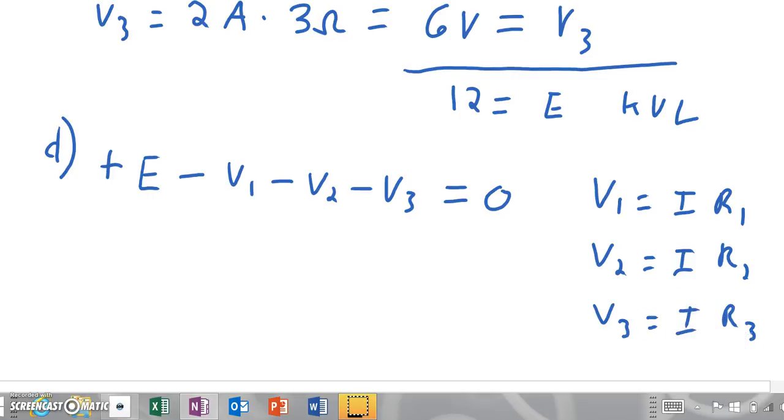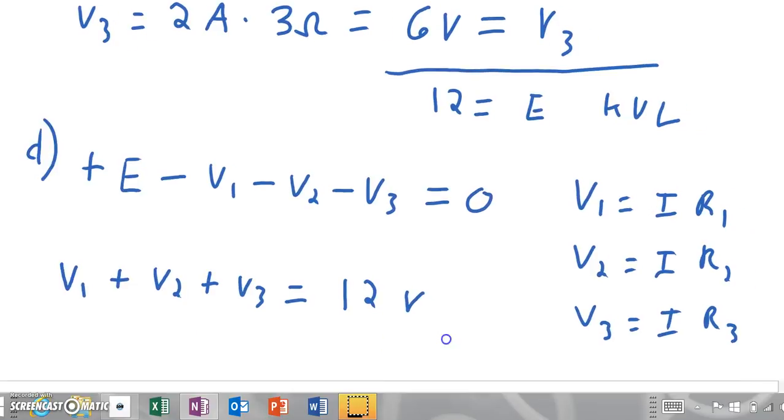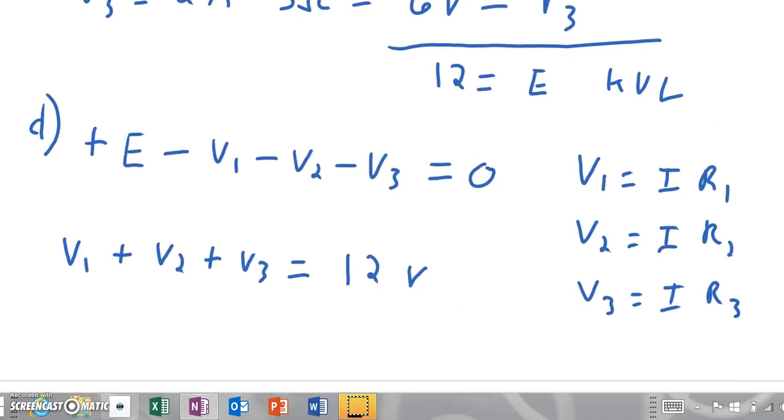So, we have V1 plus V2 plus V3 equals 12 volts, whereby if we move the voltages across the equal sign and change their sign, we can write the equation that we have here.